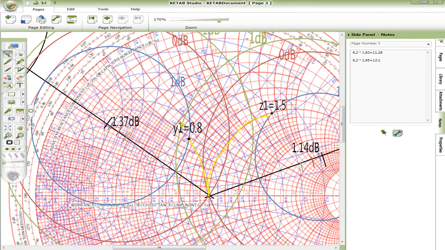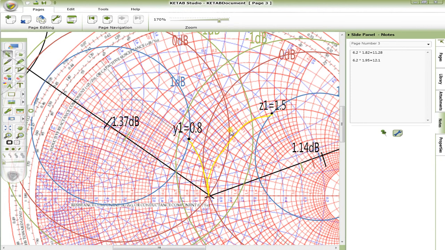Now for this point, which is y, since we're moving on a constant conductance circle, then we're adding a parallel component to the matching network, and vice versa. Since we're moving on a constant impedance circle at this side, we're adding a series component.